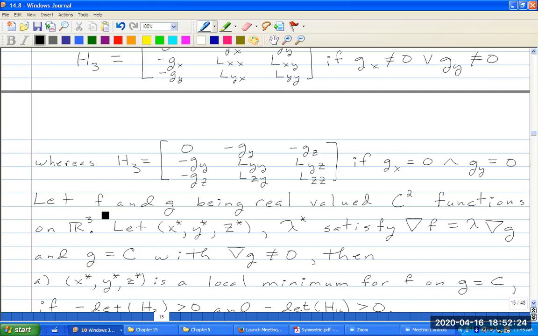Let f and g be real valued C2 functions on R3.